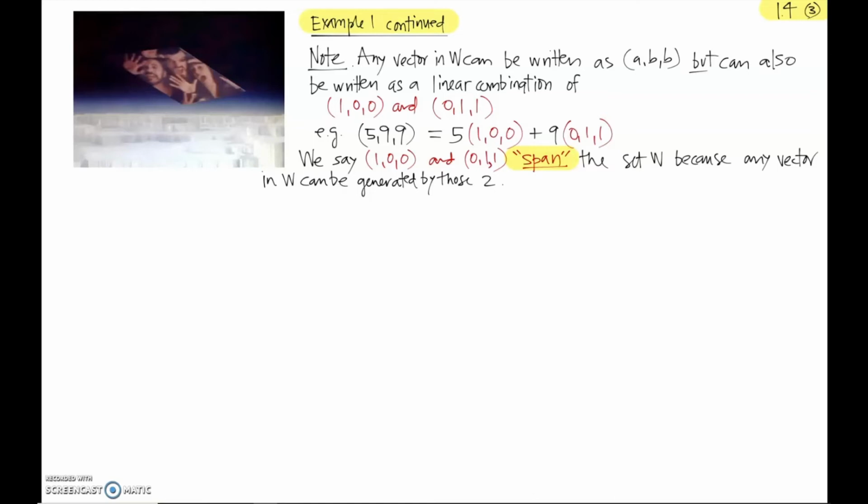Okay, let's move on to a different example. Another subset of R3.